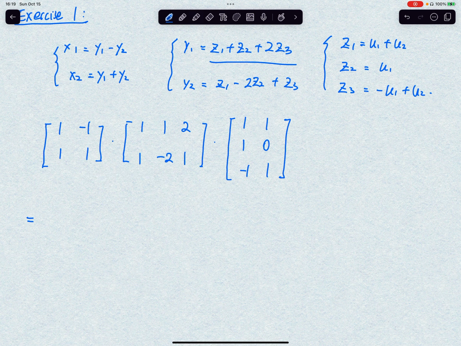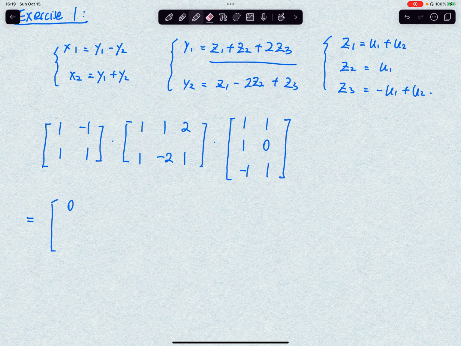So we have 1, minus 1 multiplying 1, 1 to yield the first entry, so that is 1 times 1 plus minus 1 times 1, so that yields a 0.